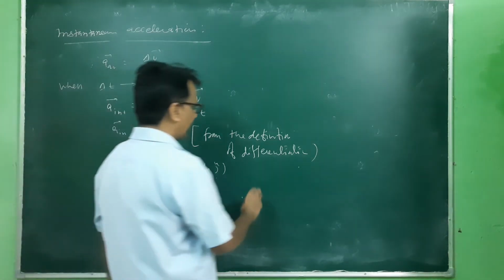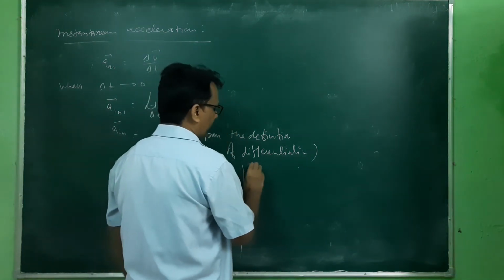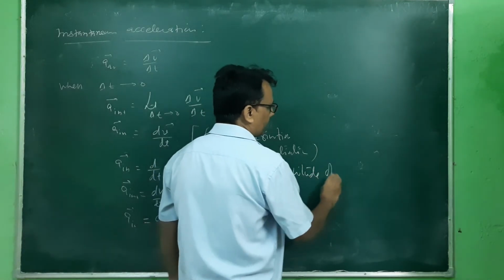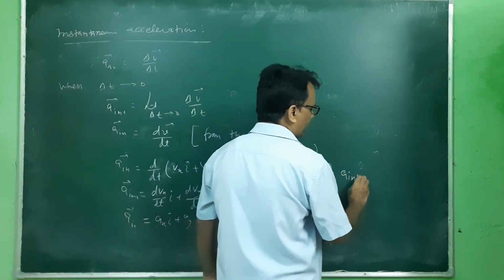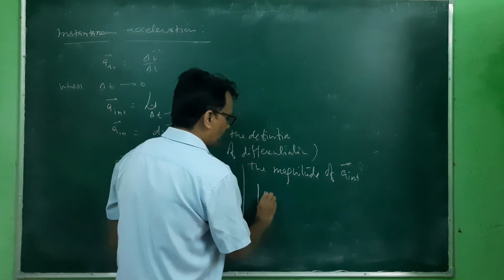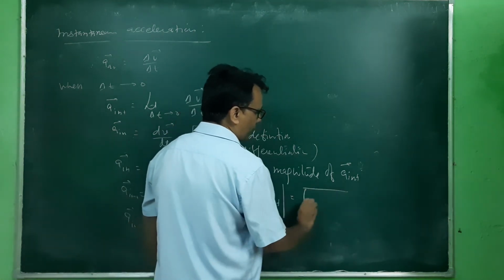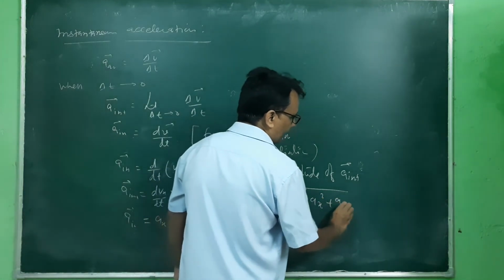The magnitude will be again, therefore the magnitude of instantaneous acceleration, that is mod a instantaneous, is equal to root of ax square plus ay square.